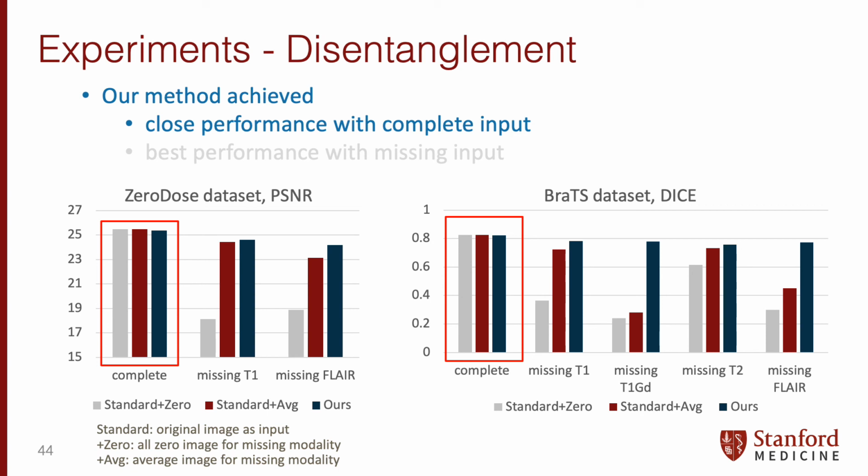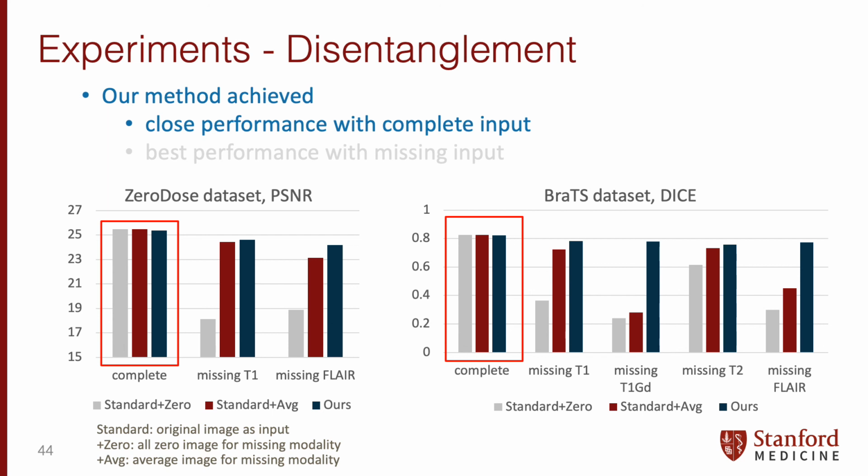In this page, we show the result on the downstream task. On the left is Zero-dose reconstruction measured by PSNR, and on the right is brain tumor segmentation measured by DICE score. Here we compare with 2 widely used image imputation methods. Standard plus 0 means using the original image as the input, while using all 0 for the missing modality.